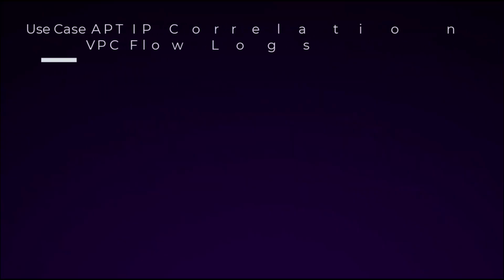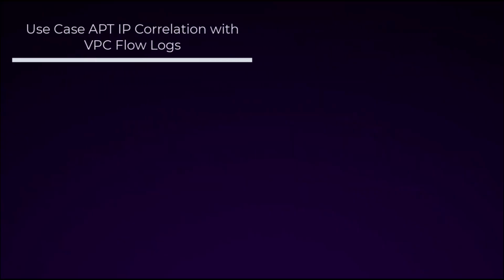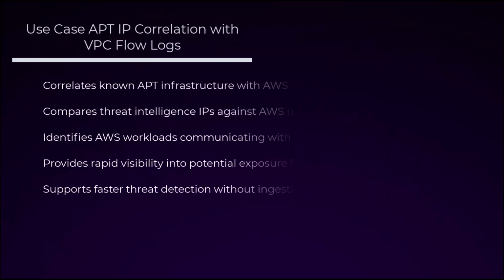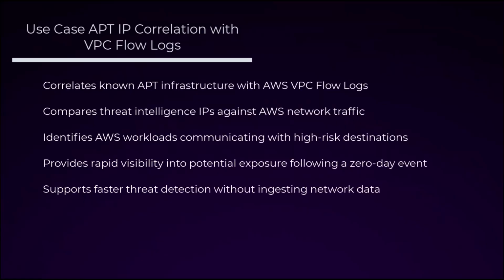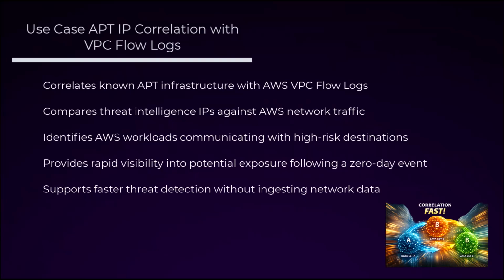This use case focuses on threat reporting by correlating known APT infrastructure with AWS VPC flow logs. Following a large-scale zero-day attack, the security team receives a list of high-risk IP addresses associated with malicious activity. Using Splunk Federated Search, analysts compare that threat intelligence against VPC flow logs to determine whether any AWS workloads are communicating with those IPs.